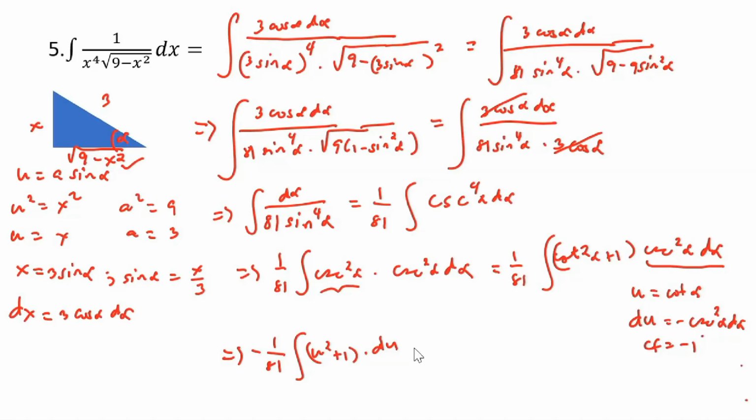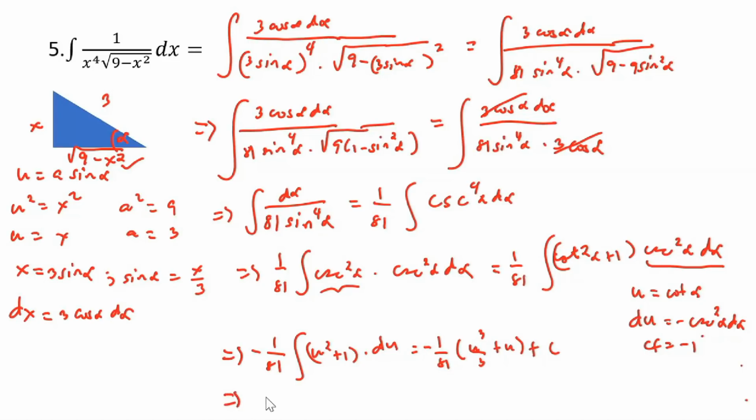By integrating this one now, we can write the negative of 1 over 81 times u cubed over 3 plus u plus a constant. But we have to rewrite again the meaning of u, which is cotangent alpha.